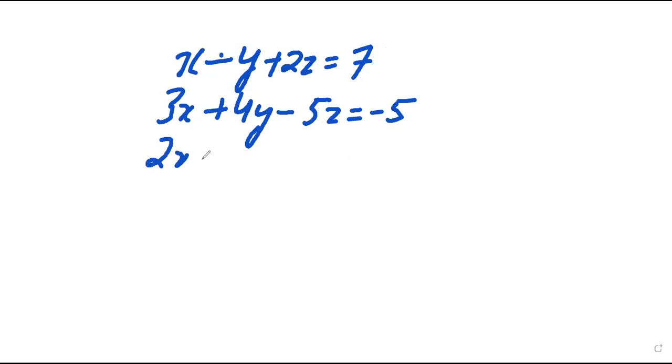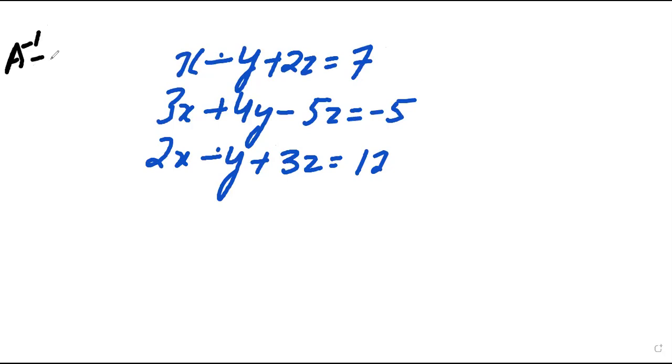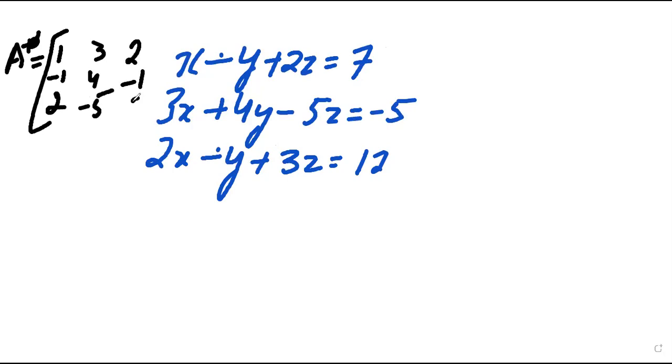It is 2x minus y plus 3z. I am taking an example. Okay, the question is to find the inverse. I have the question: find the A inverse of, whose inverse has to be found, matrix A that is 1 minus 1 2 3 4 minus 5 2 minus 1 3.